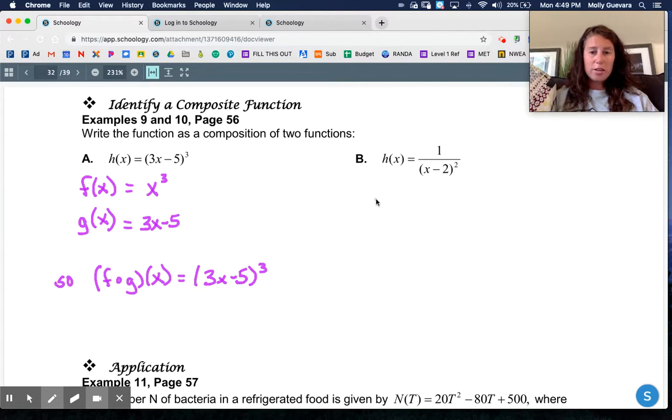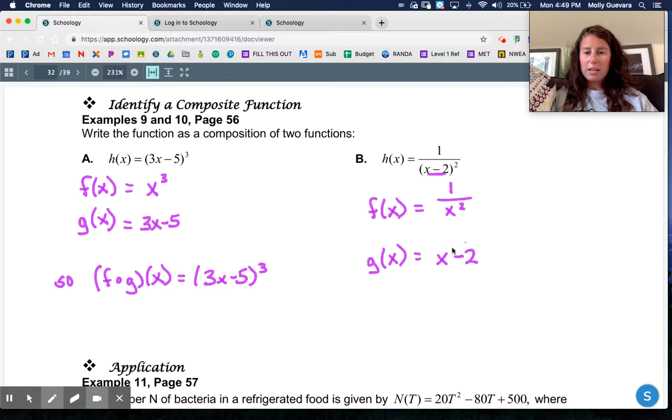So here for b, if I want f of x and g of x, again, let's assume that we're putting g into f. Okay, I see a couple big pieces. I see my x minus 2 because it's in parentheses, and then I see 1 over x squared. So if I have g of x as x minus 2, then f of x can be 1 over x squared. And I would take this and plug it in and I would get what I started with. Again, there were other options as well.